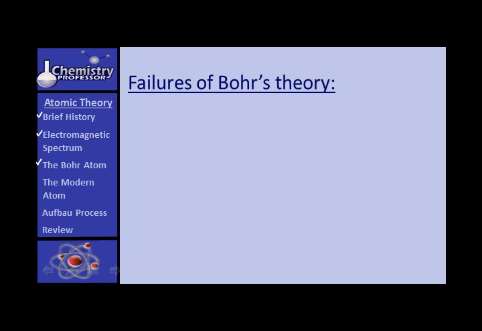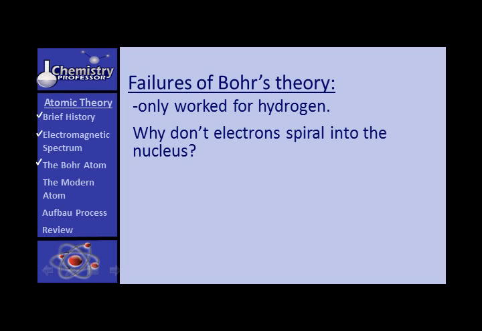It was a brilliant deduction, but there were problems. It only worked for hydrogen. It did not explain why electrons did not spiral into the nucleus. Think about it. If as the electrons move around the nucleus, they are expending energy, why don't they eventually lose sufficient energy to spiral into the nucleus itself?